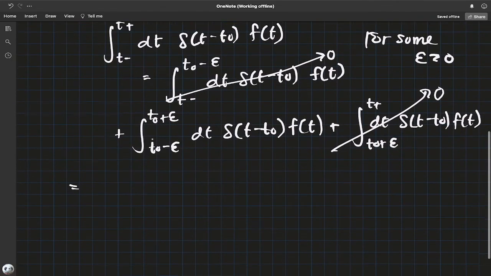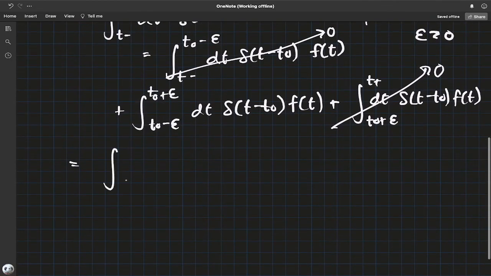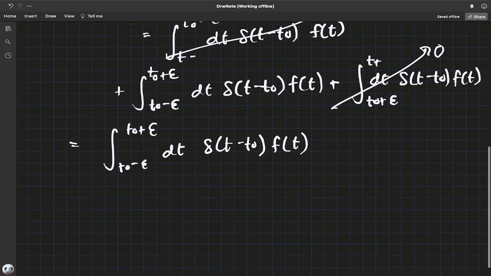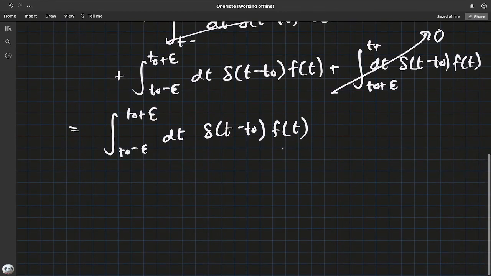We will retain the middle one because this is an infinitesimally small neighborhood of t naught, and this is an idea from real analysis of using epsilons and constructing these neighborhoods. For those of you who don't formally know analysis, it's fine, just go with it.